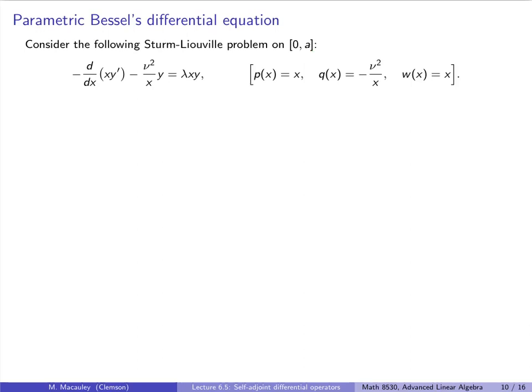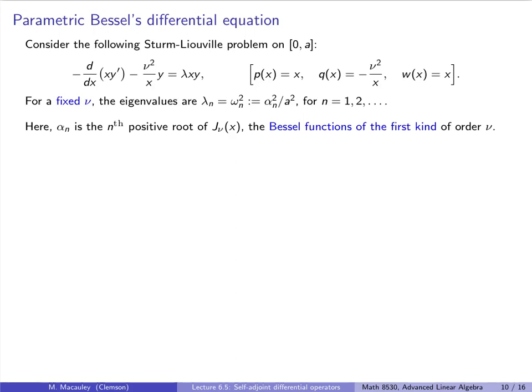So this is negative d/dx of (x y prime) minus nu squared over x times y equals lambda x y. In standard Sturm-Liouville form, p of x is the function x, q of x is negative nu squared over x, and the weighting function w of x equals x.